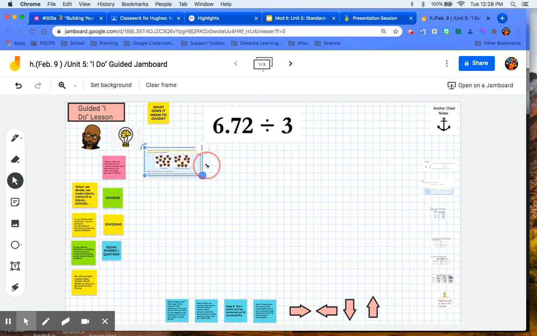It looks really funny when you see the division algorithm. You see it in 2 ways. You see it in number sentence form, meaning left to right.